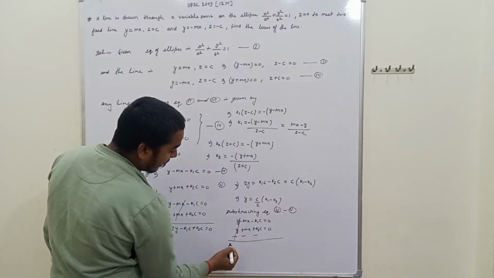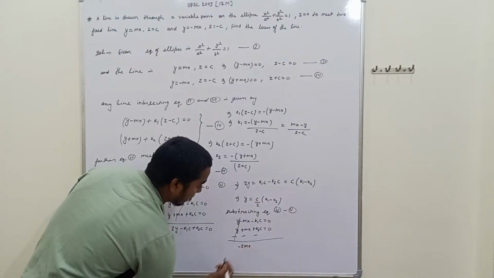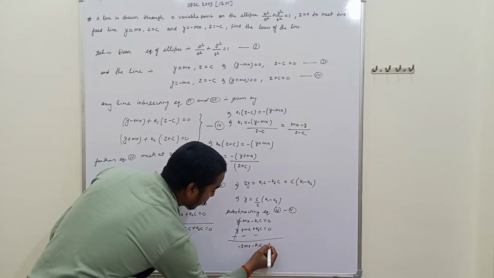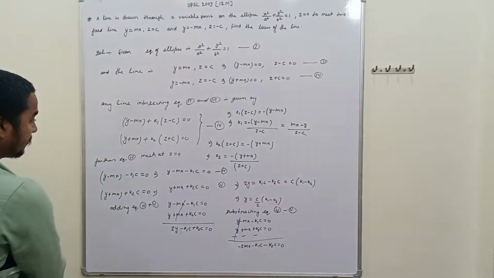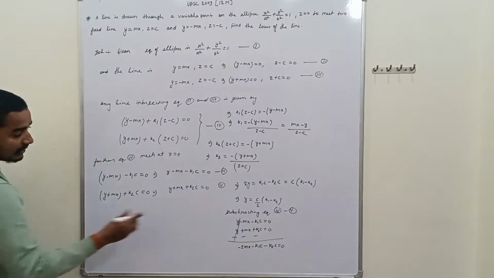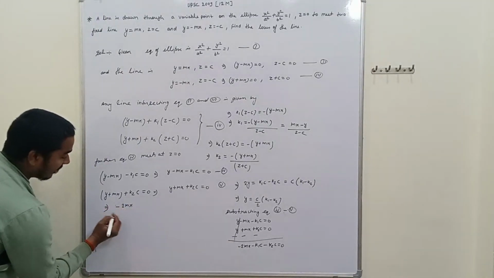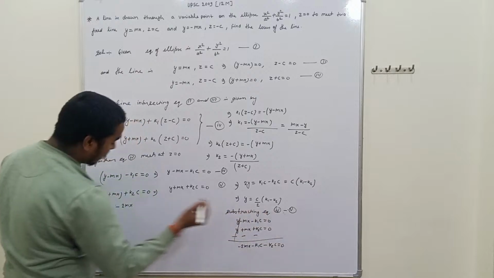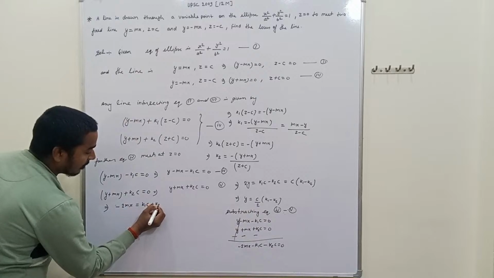So y and y cancel out, here is minus 2mx, and minus k1c and minus k2c is equal to 0. We have to further solve. That is minus 2mx, and taking minus k1c and minus k2c to the right hand side, that is k1c plus k2c.